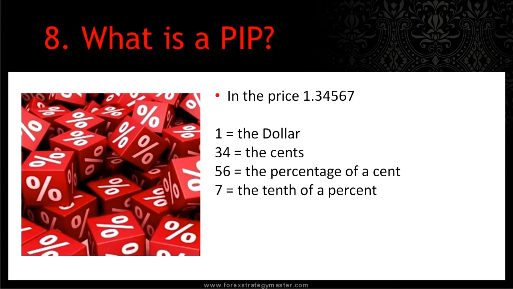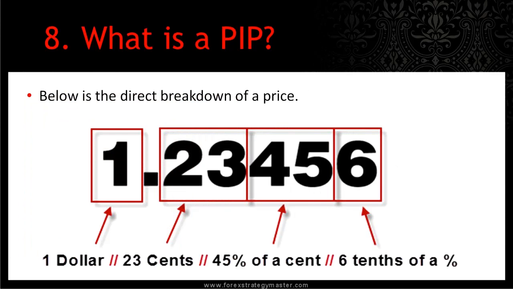In the price 1.34567, remember that 1 euro is buying 1.34567 United States dollars. The 1 is the dollar. The 34 is the cents. The 56 is the percentage of a cent. And the 7 is 0.1%.